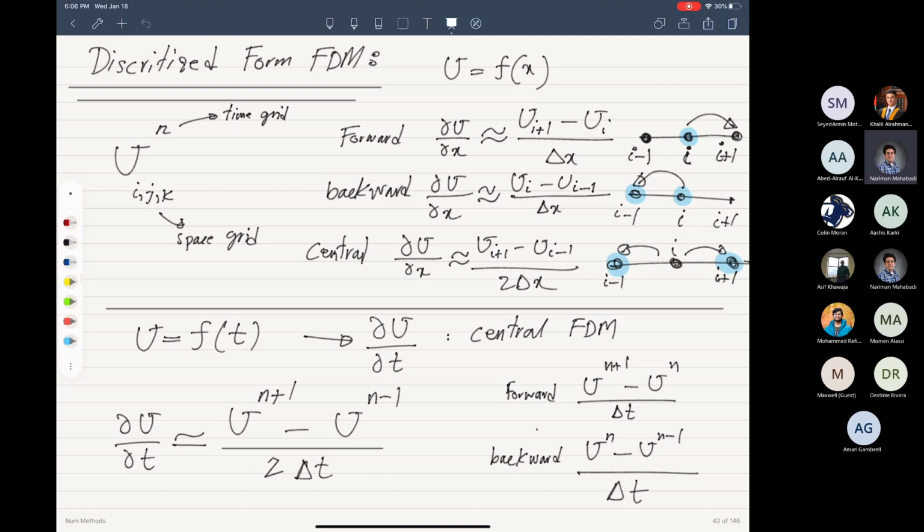Okay, now let's move forward just one step. Because most of the partial differential equations that we use are not with respect to only x or t, but also a function of another variable, right?